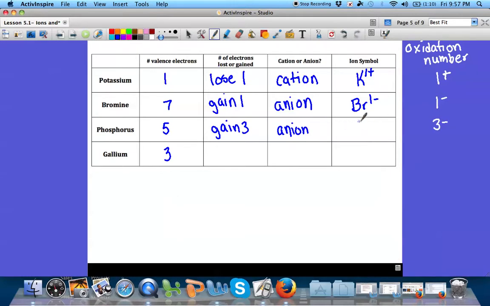The ion symbol is going to be P, not B, P 3 minus. And then gallium has 3 valence electrons. It's going to lose those 3 electrons. That's going to give us a positive charge, making this a cation.